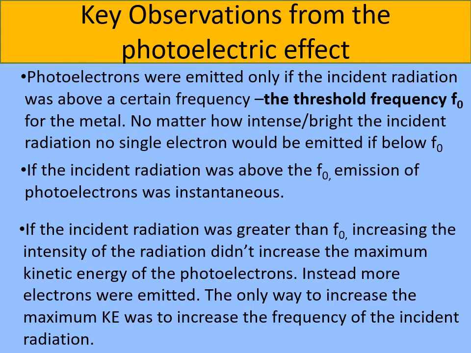The only way to increase the maximum kinetic energy of those photoelectrons was to increase the frequency of the incident radiation. So increasing the intensity of the light increases the rate at which electrons leave the metal. Now, wave theory suggested that the greater the intensity, the electrons emitted should really have more energy, but that's not the case. The energy is the same.